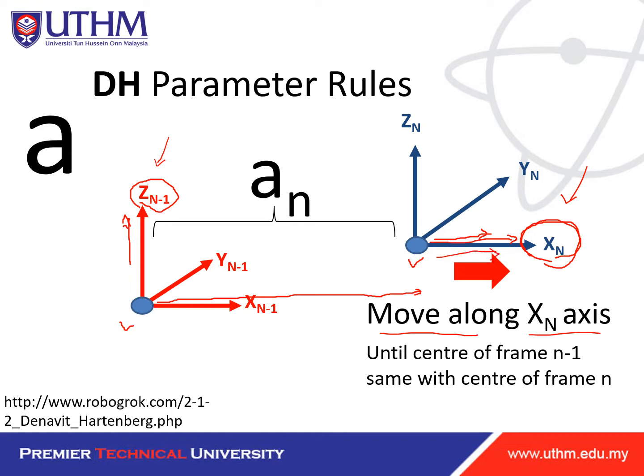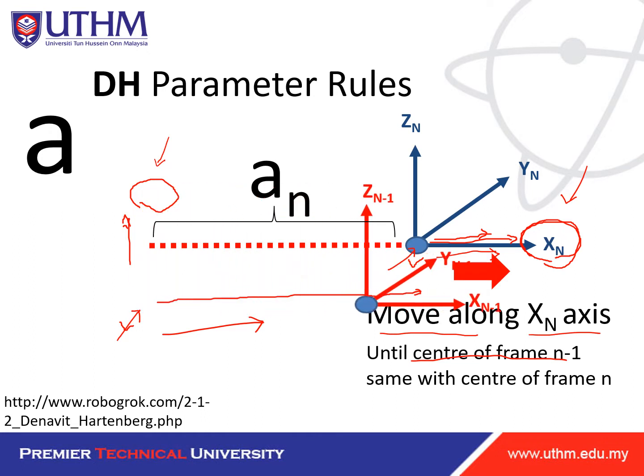So we are moving along this way. What we need to do is get the center of frame n minus 1, which is this center, to be the same as the center of frame n, and the movement is along this way. To do that, we just need to move in this direction. The distance that has been traveled is the value for the an parameter.